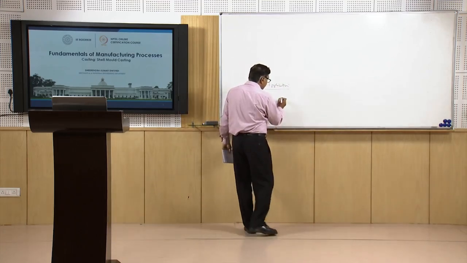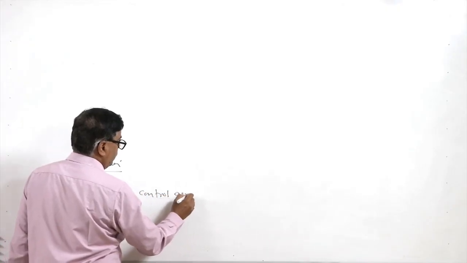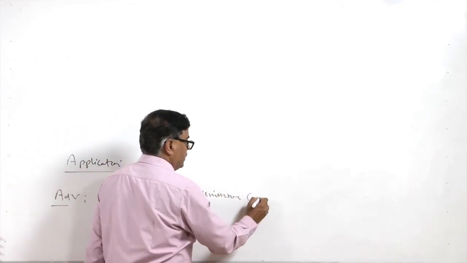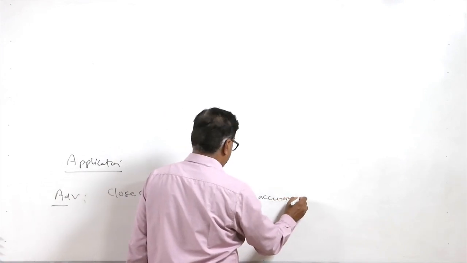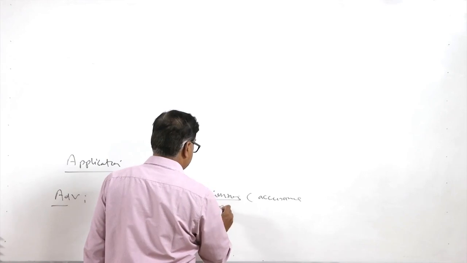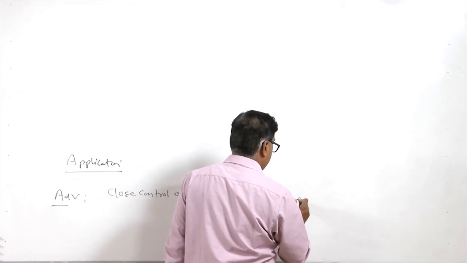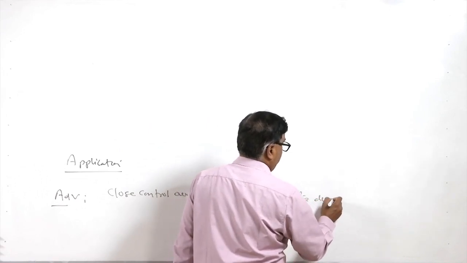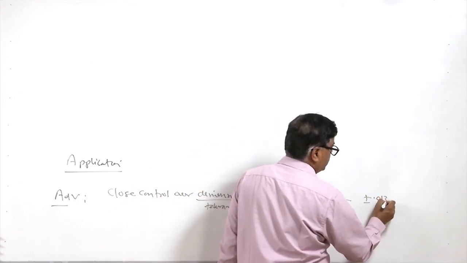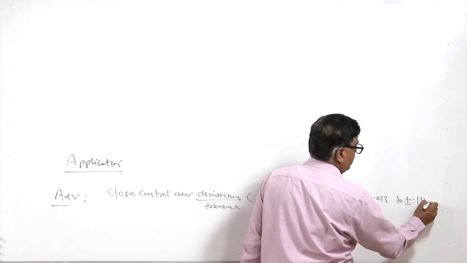Coming to the advantages, very close control over the dimensions is possible, so accurate dimensions, with tolerance which can vary from 0.013 to plus minus 0.13 mm.